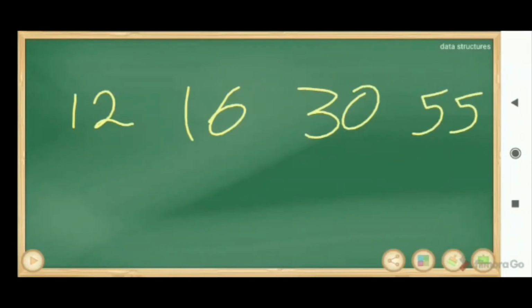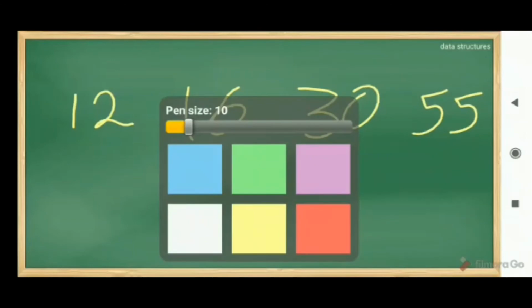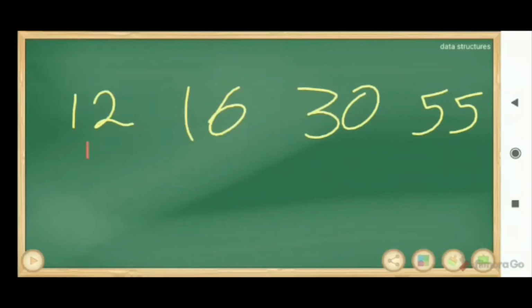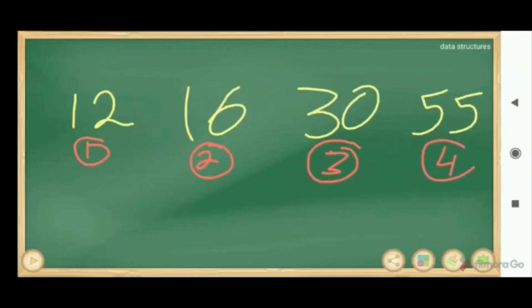Now suppose I inserted some random numbers such as say 12, 16, 30, 55, and the order of insertion is, first I inserted 12, 16, 30, 55. Now we'll start with DQ first.